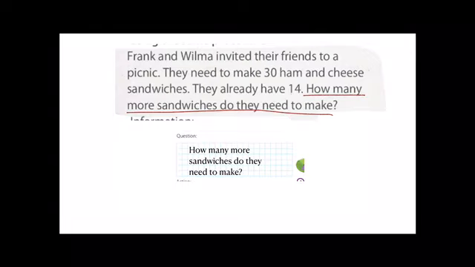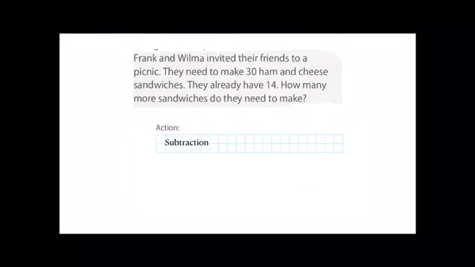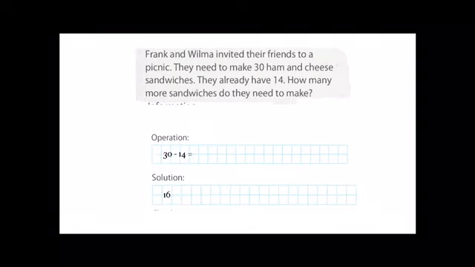The question is, how many more sandwiches do they need to make? Please underline. The action is subtraction. Remember, they're taking away, minus. The operation is 30 minus 14, and the solution is 16.